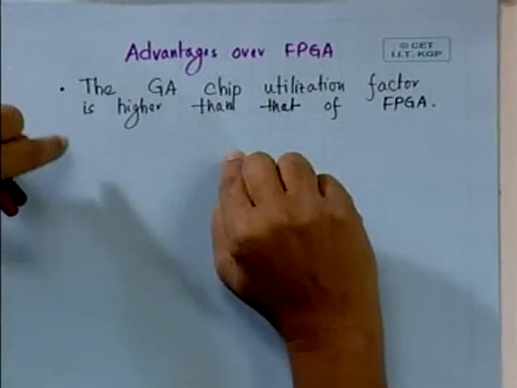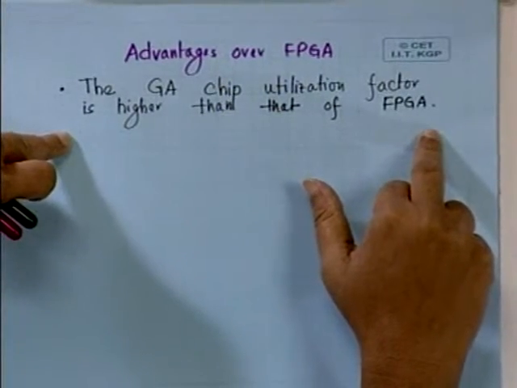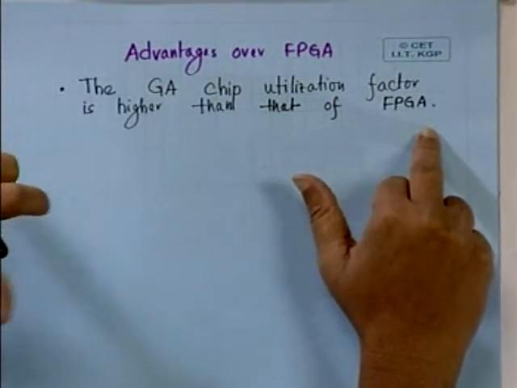Here, for channeled it is only for interconnection and some basic cells or some transistors, and for channelless this is only for basic cells and some two or three metal layers are kept for interconnections. That is, the density is much higher than that of FPGA, and that is called the chip utilization factor. Sometimes it is called the used chip area divided by the total chip area, just like the definition of throughput.